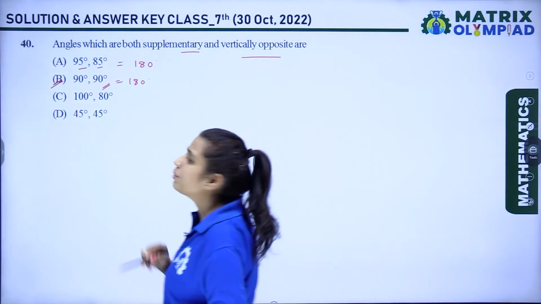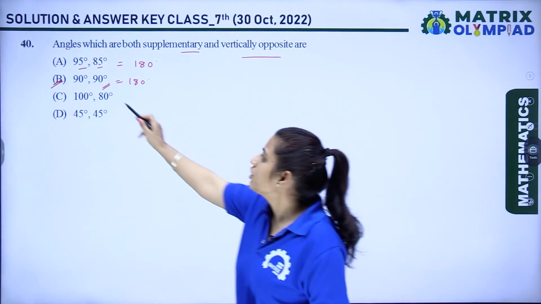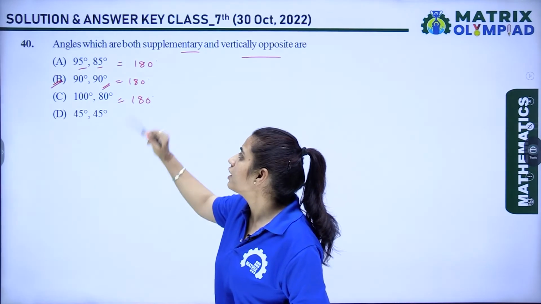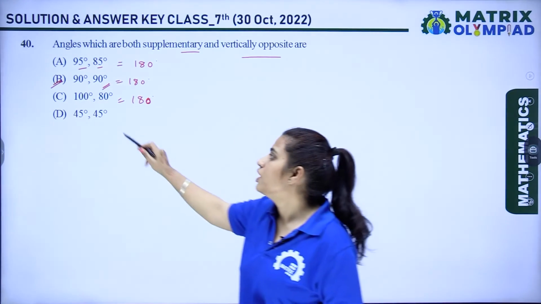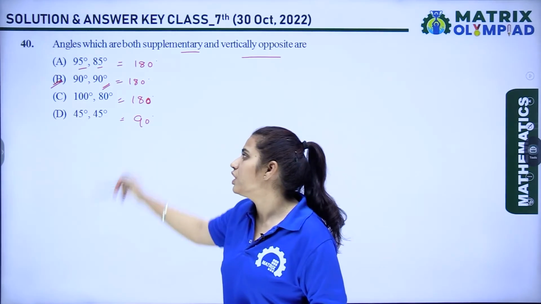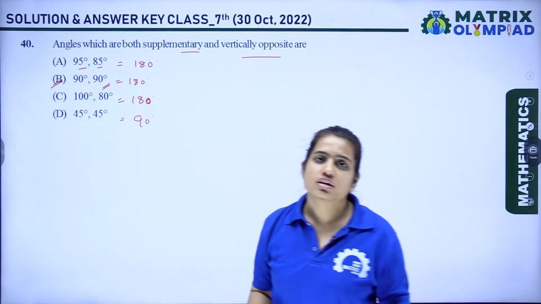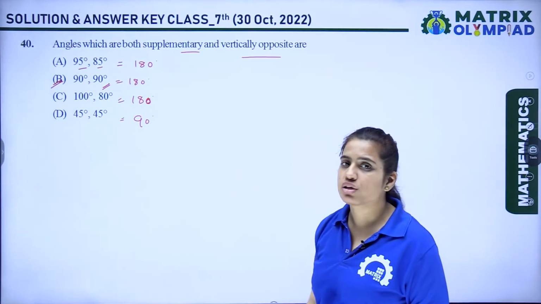So option B is the correct answer. Here in option C we have 180 degrees but vertically opposite angles are not formed, and in option D 45 plus 45 is 90 degrees. So here in the last option, it is not a supplementary angle and nor is a vertically opposite angle formed.